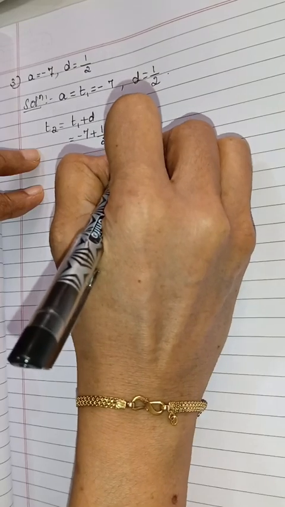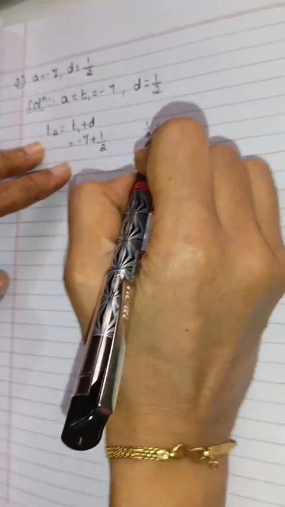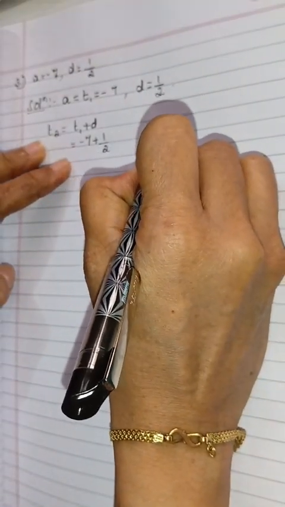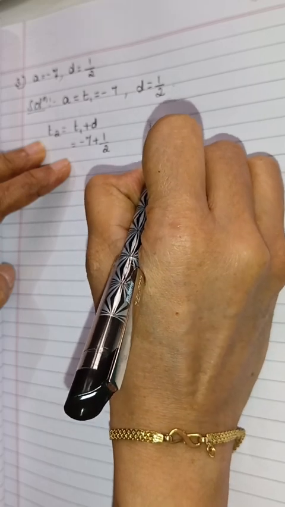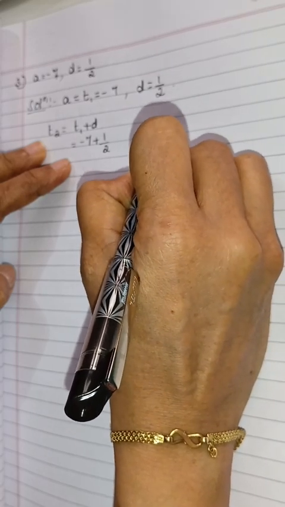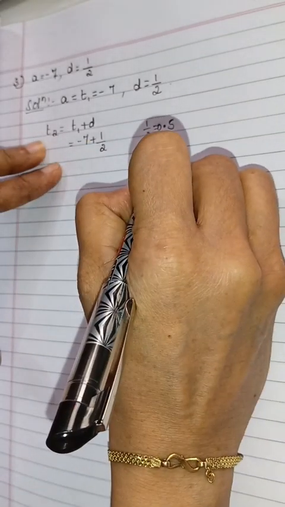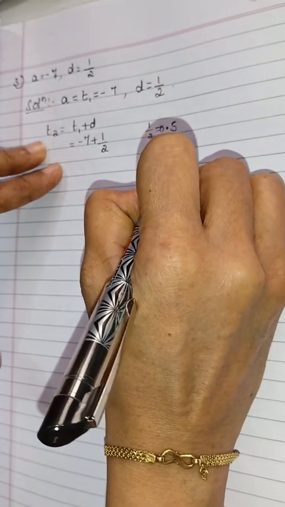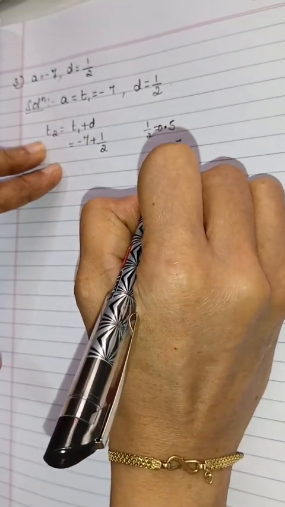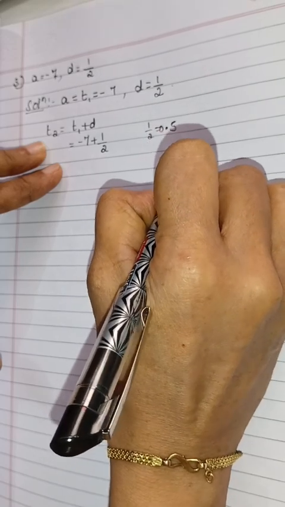Here it is half, we can take the decimal fraction 0.5. Therefore, we have to add here minus 7 plus 0.5.